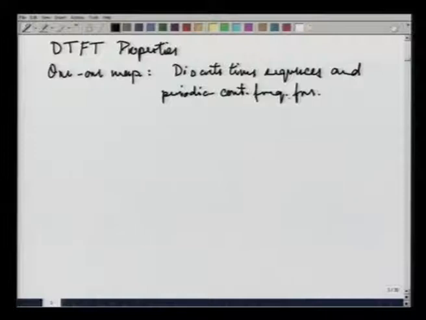Let us look at the various varieties that we have considered so far. Let us make a little table. We first had the CTFS, continuous time Fourier series, then the continuous time Fourier transform, followed by the discrete time Fourier series, and now the discrete time Fourier transform. Each of them is related to the others in some way, and they all tie up together very nicely.